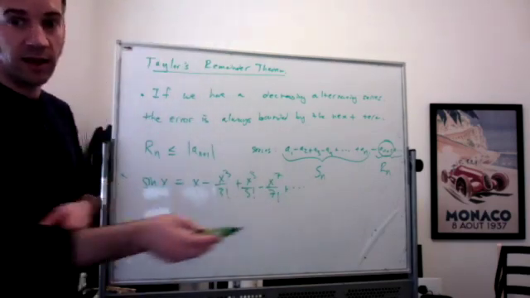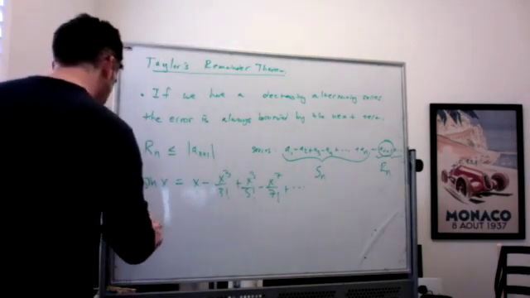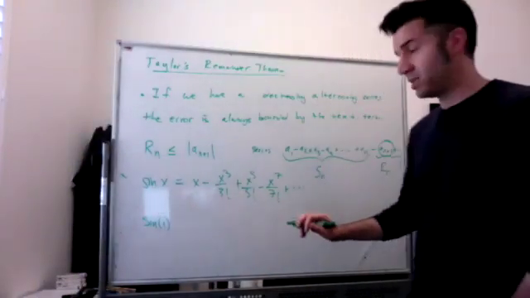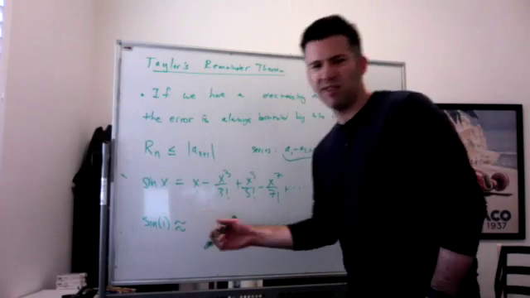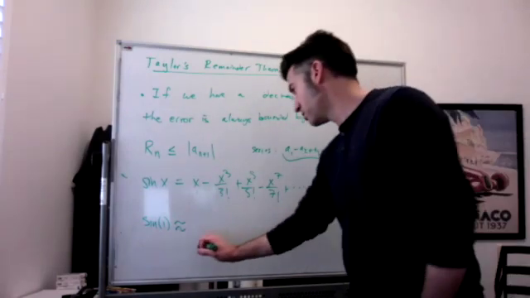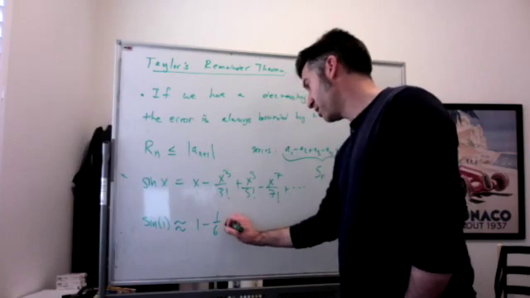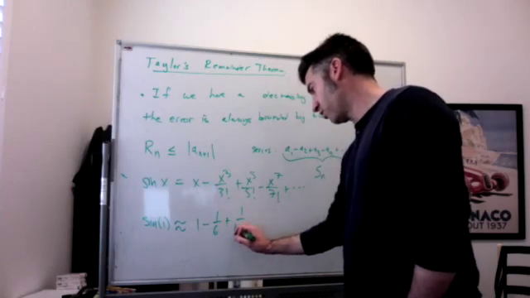So sine of 1 is approximately, if I use the first 3 terms, 1 minus 1 over 3 factorial plus 1 over 5 factorial.